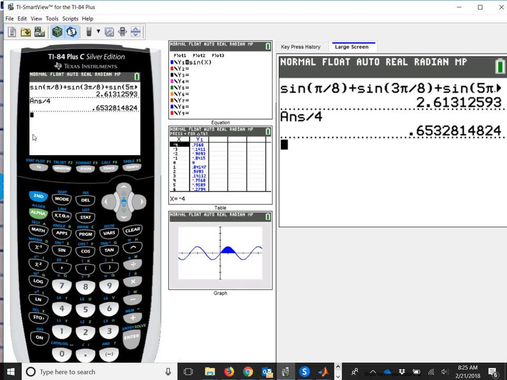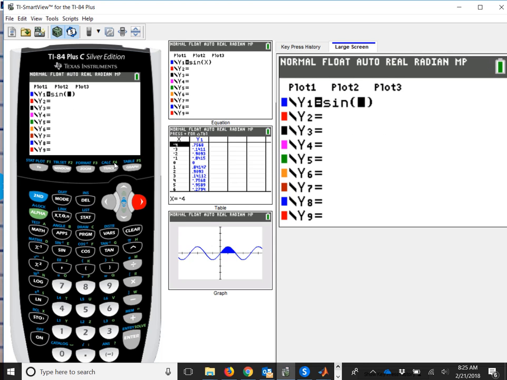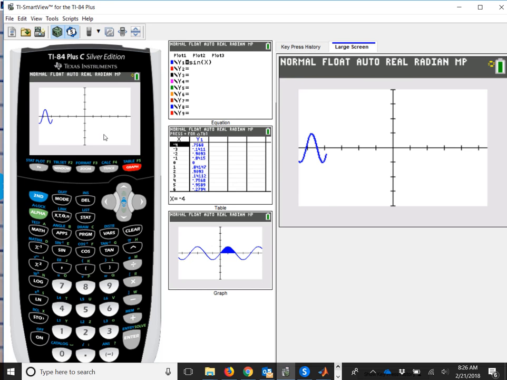So if I go back to the y equals screen, the thing I changed was I wanted to do sine of pi x. So I'll insert a pi here. Pi times x, right? Okay, so I'll graph that.